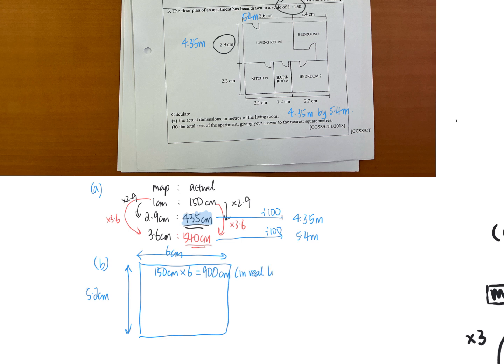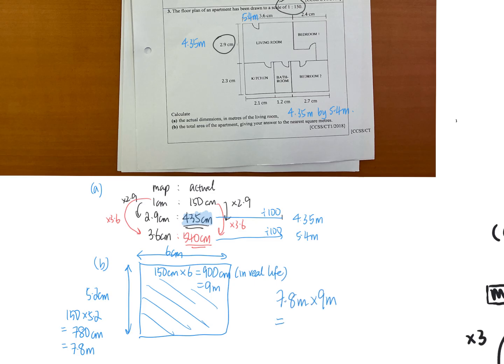Actual, so it's 9 meters. This one, same thing. You can do 150 times 5.2 and tell me that this is actually 780 cm in real life, which is 7.8 meters. So what is the actual area? It's 7.8 meters times 9 meters.